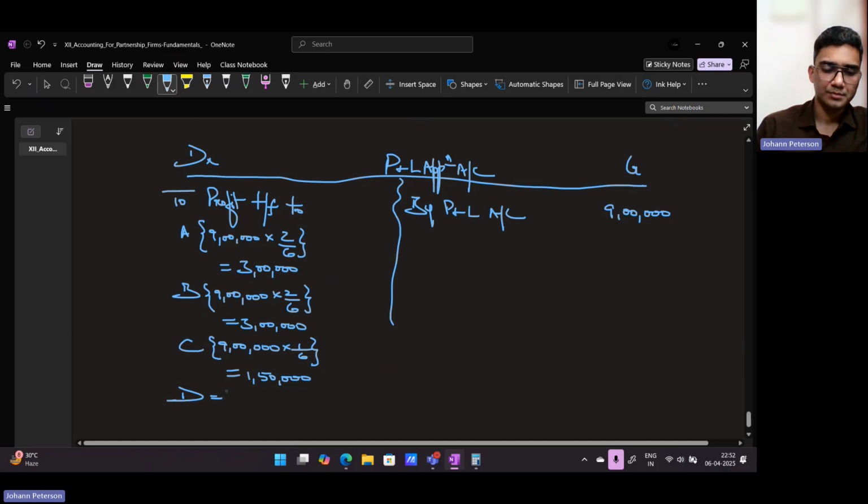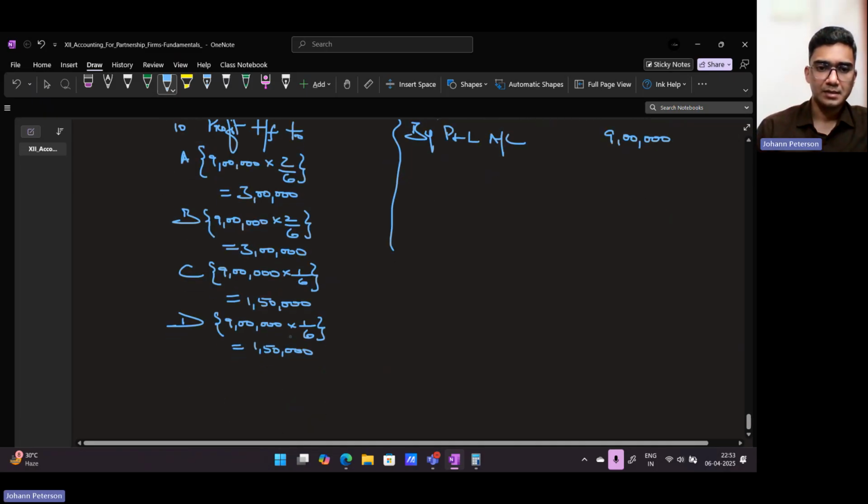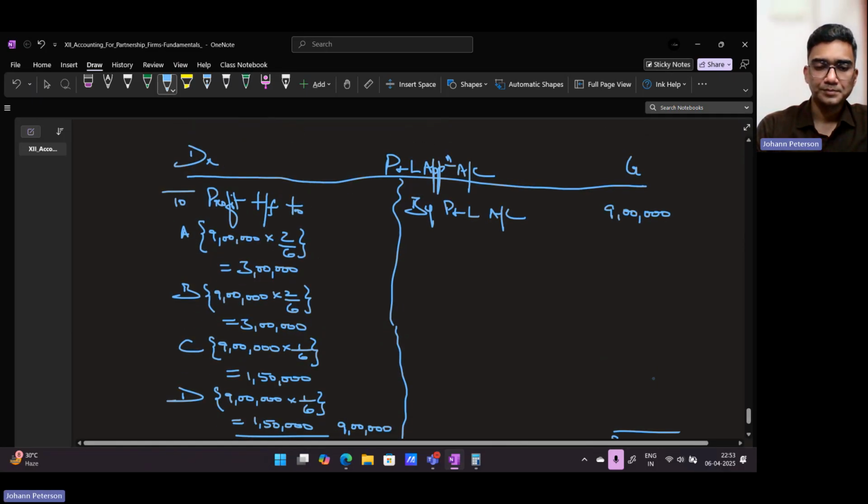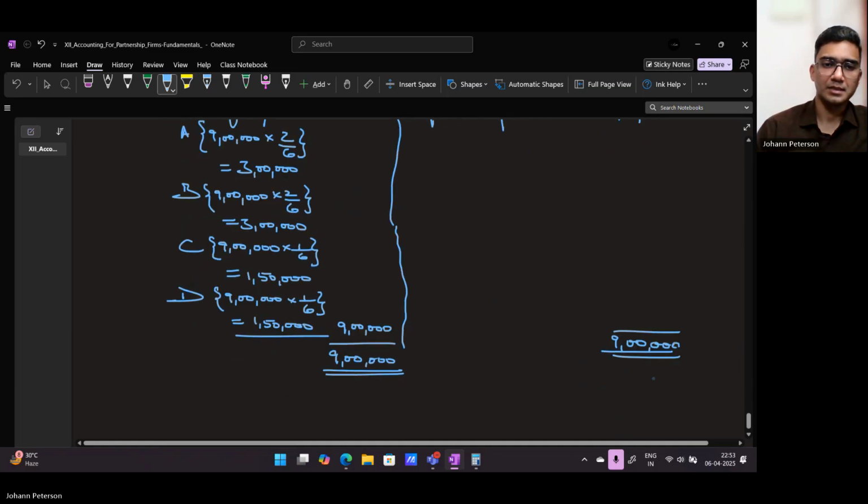And D was also 9 lakh into 1 upon 6, which was 150. So this totaled up and came to 9 lakh. And our account closed at 9 lakh. So if you look at this wrongly, let's see.